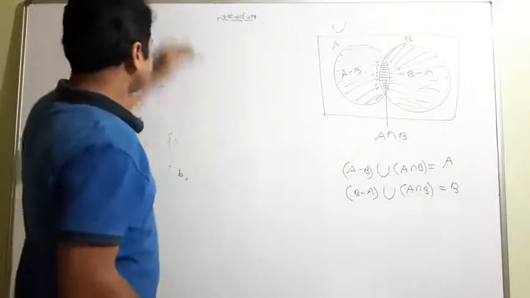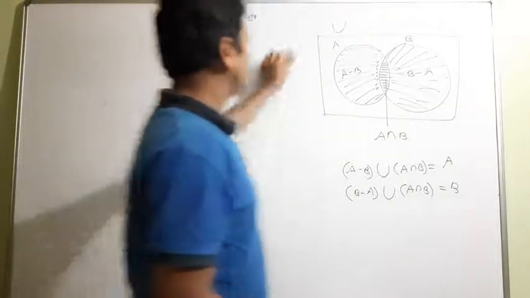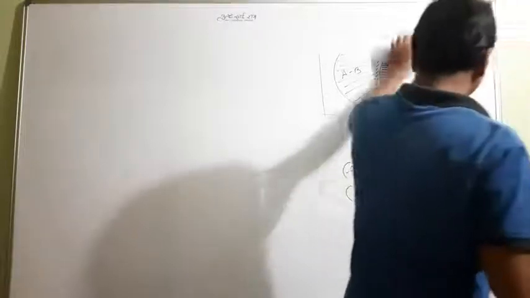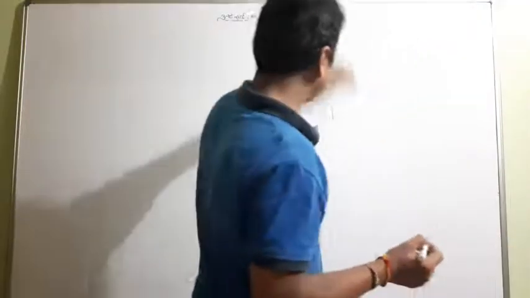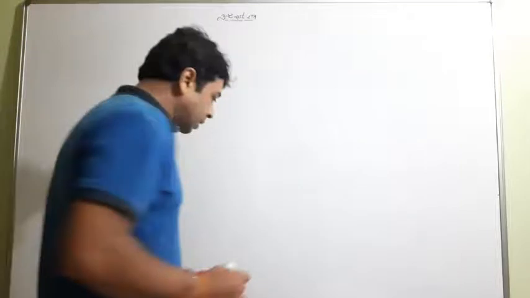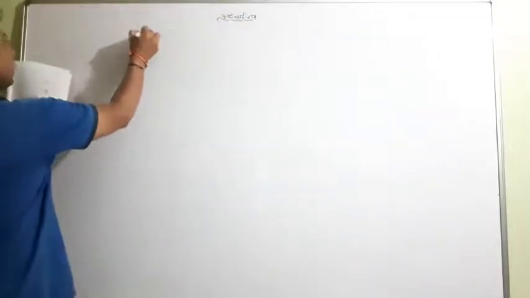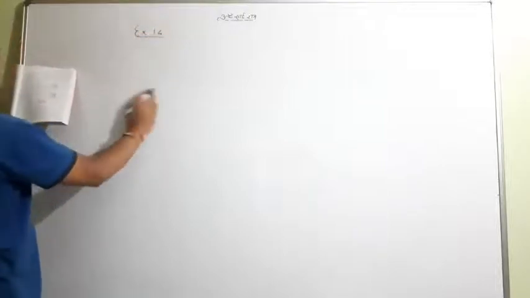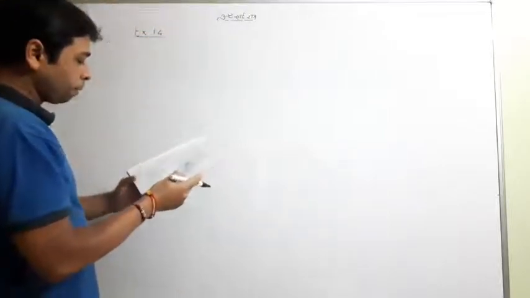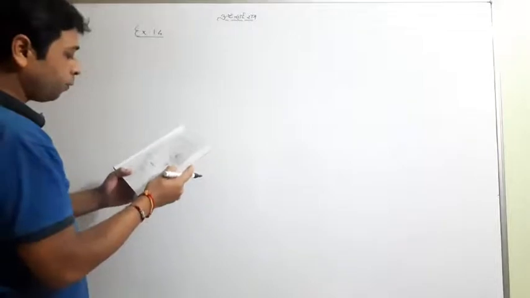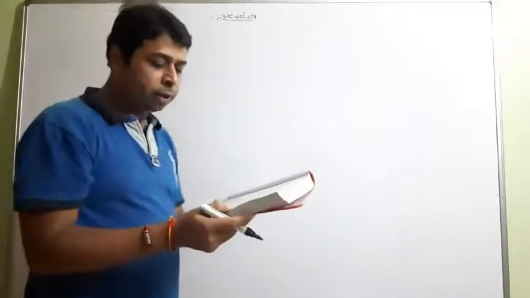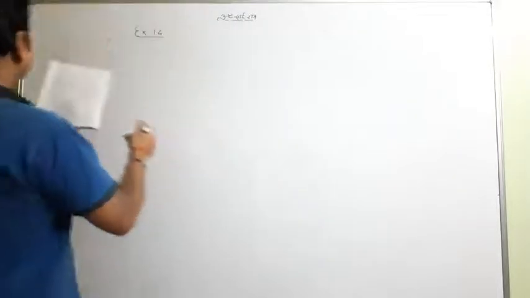Look at the next. Hope we have learned all the concepts, we can move on to the exercise now. We have some questions from exercise 1.4. The first question says find the union of the following. I think it's simple.